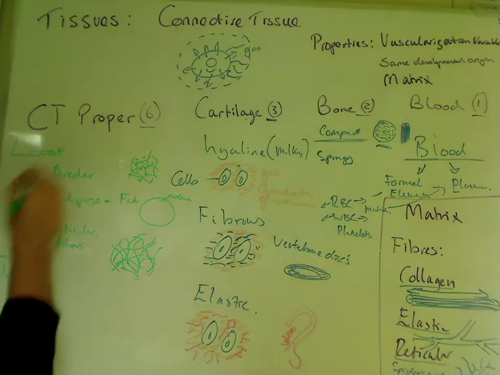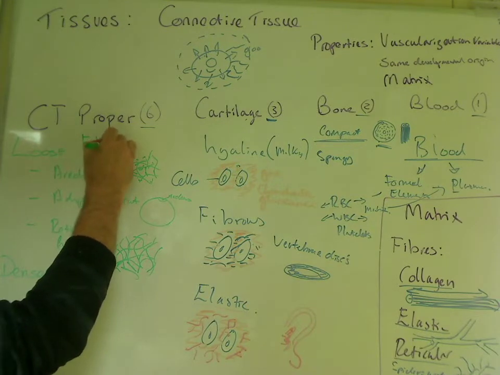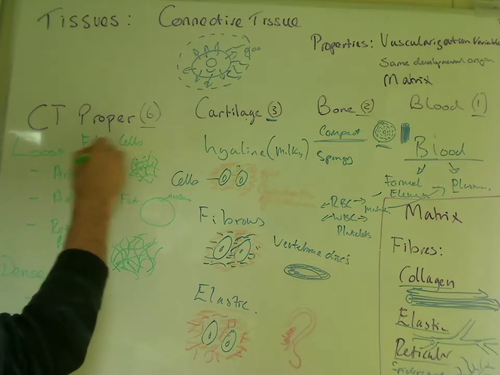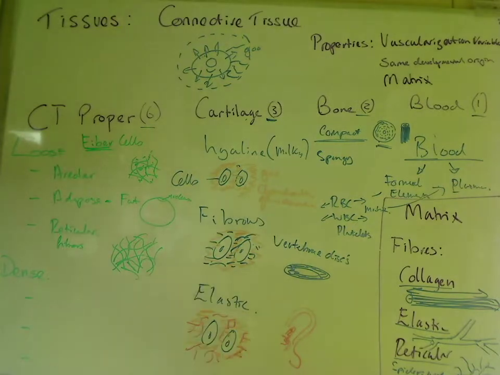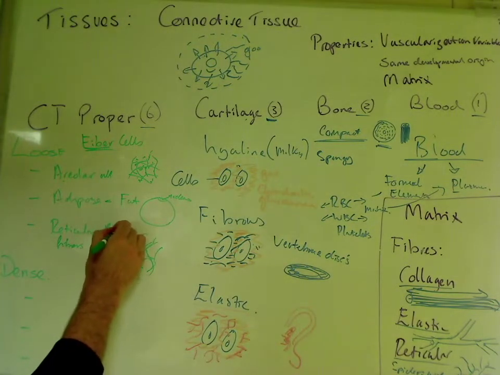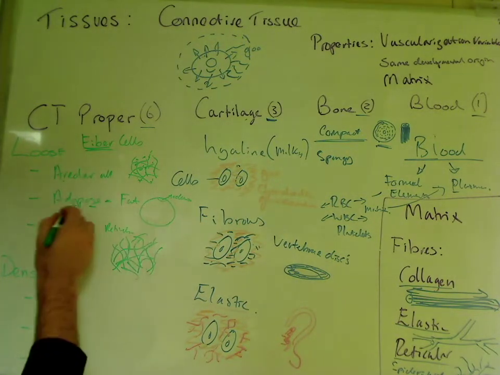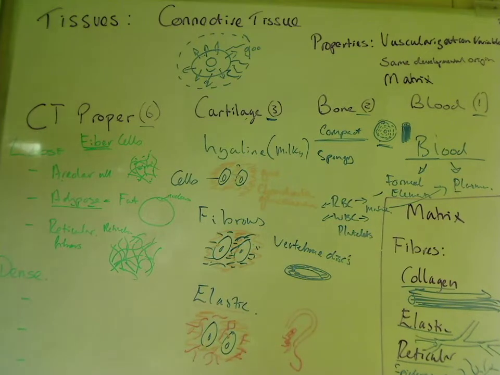And these are all fibre cells because that's what they're producing, the three types of fibre. This one produces all, this one produces reticular, and this one, although it's supposed to be a fibre cell, it's really just storing the fat.